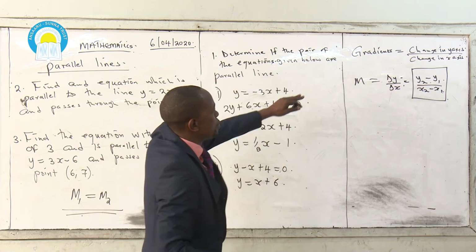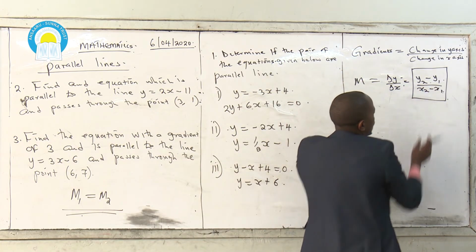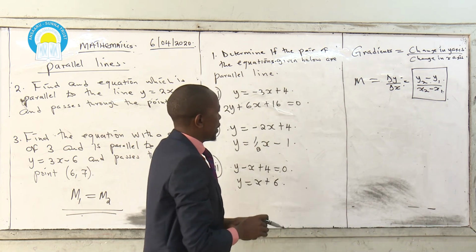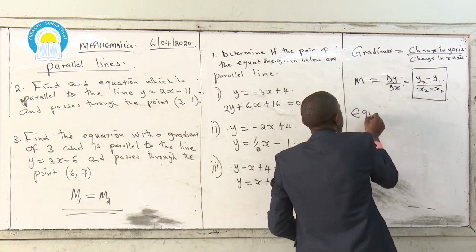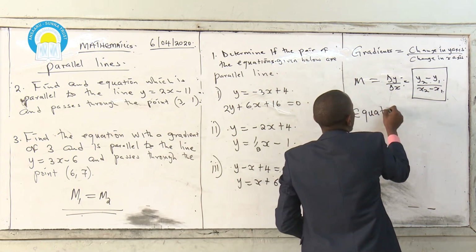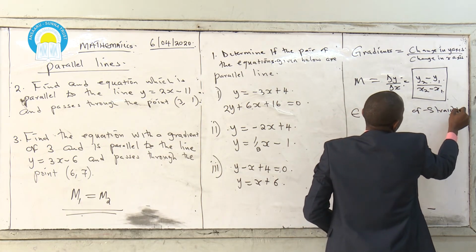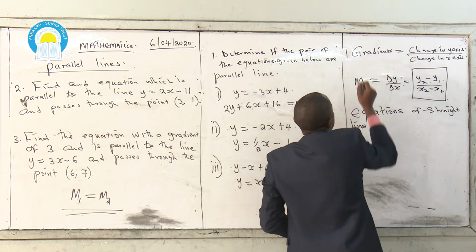Now this becomes the formula of finding the gradients of straight lines. So you need to be in a position to use this in finding the gradient of equations of straight lines. Then you need to be in a position to find equations of straight lines. Number 1 is gradient.